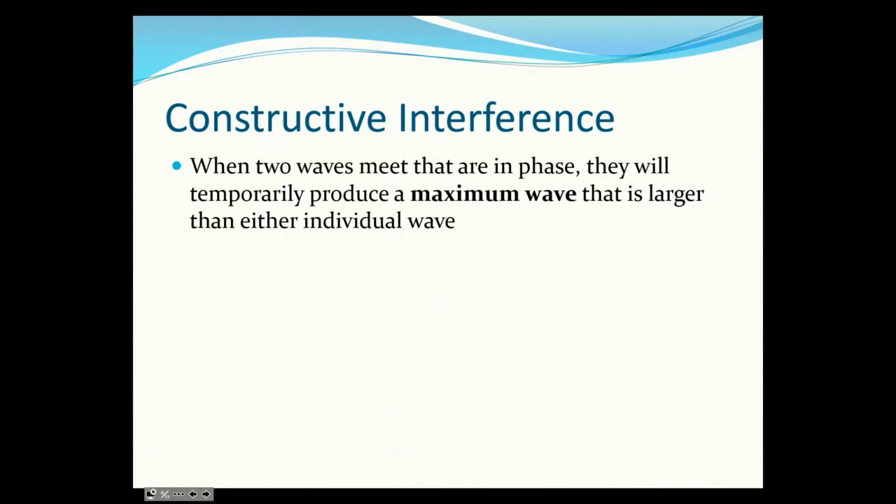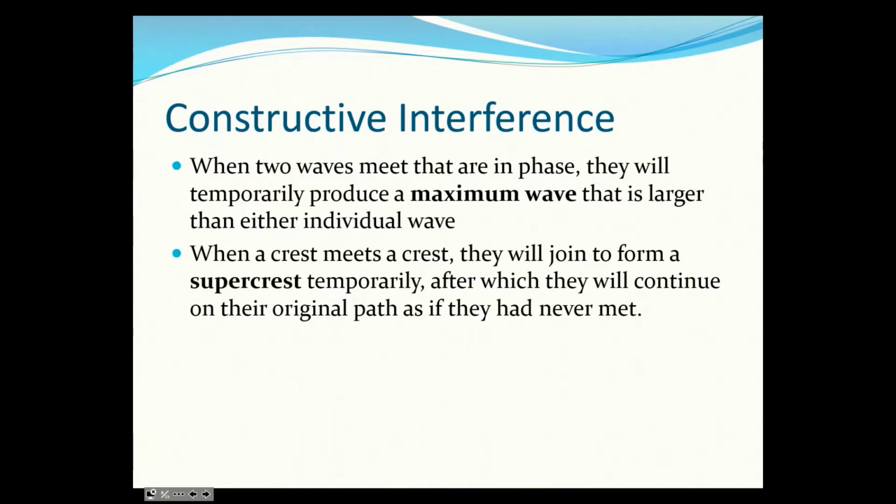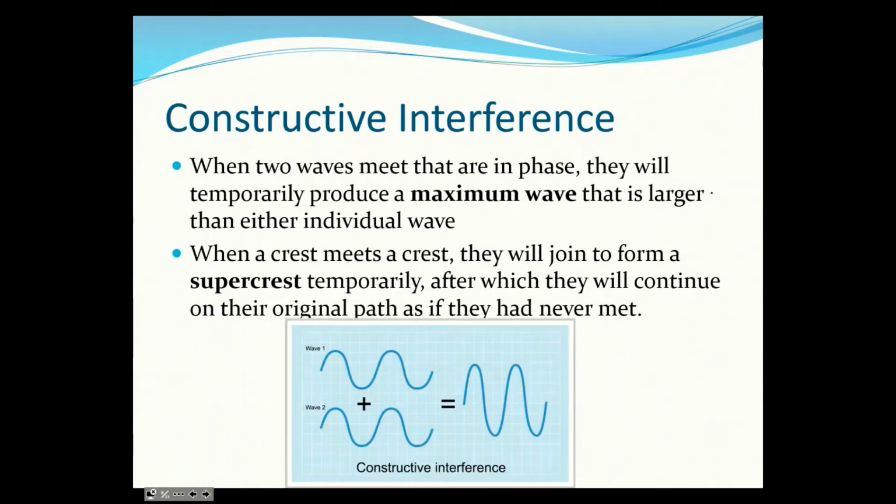So when two waves meet and they're in phase, they will temporarily produce a maximum wave that is larger than the individual wave. When a crest meets a crest, they will join to form a supercrest, and after they meet, they will continue on the original path as if they had never met. So to show you in a picture here, I have crest meeting with crest, right? So these waves will add together and we get a much bigger amplitude, right?